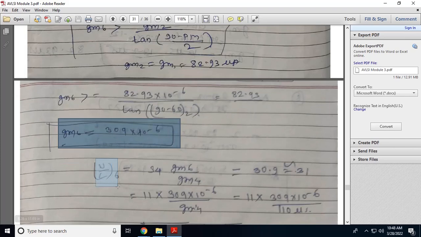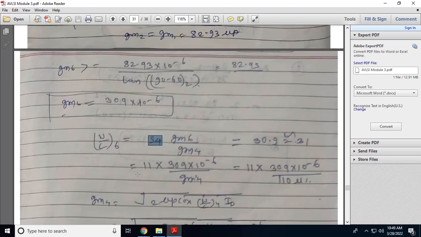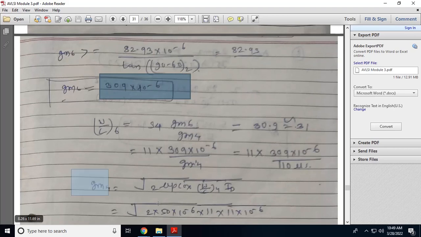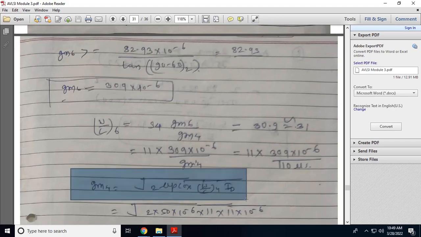So size of 6 is equal to size of 4 times transconductance 6 divided by transconductance 4. Size of 4 is 11, transconductance 6 is 309. Gm4 we have to calculate by using device dimension and current.